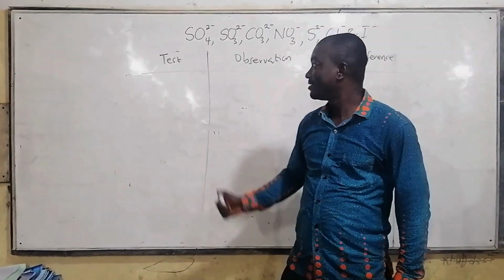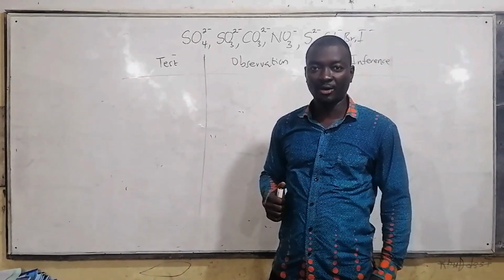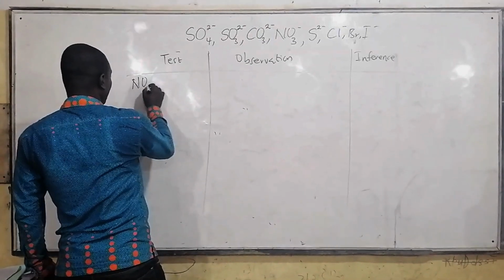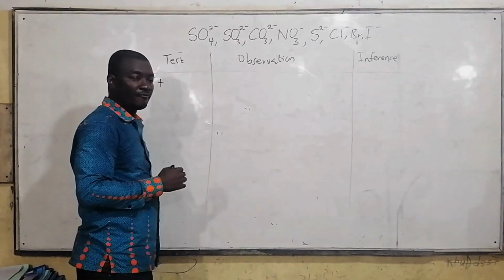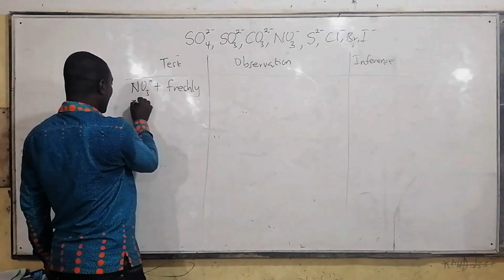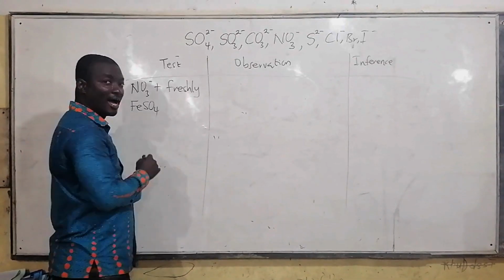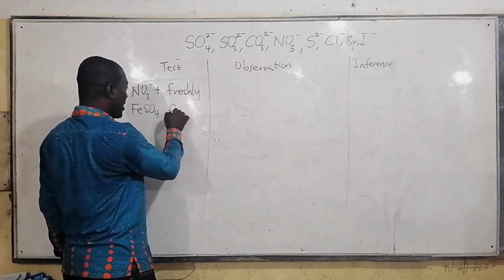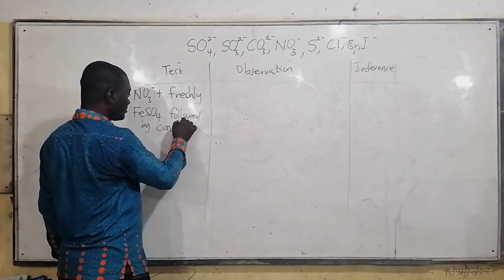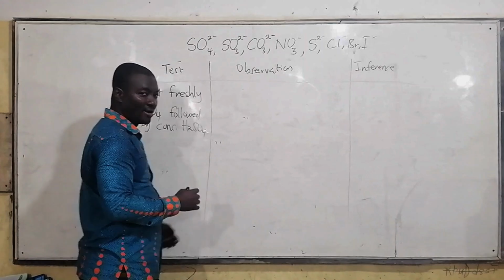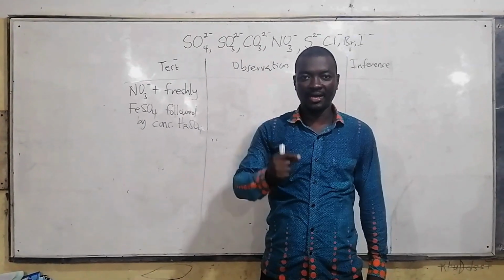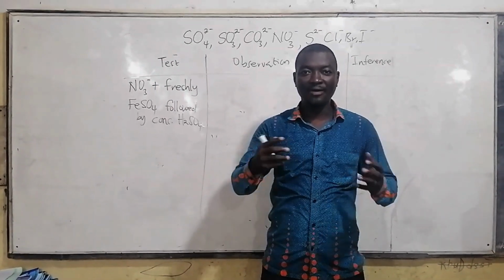To identify the trioxonitrate 5 ion, this is the test. We add freshly prepared FeSO4, that is iron 2 sulfate, followed by concentrated H2SO4. Let me emphasize, the FeSO4 must be freshly prepared, because if it's allowed to stand, there will be aerial oxidation.